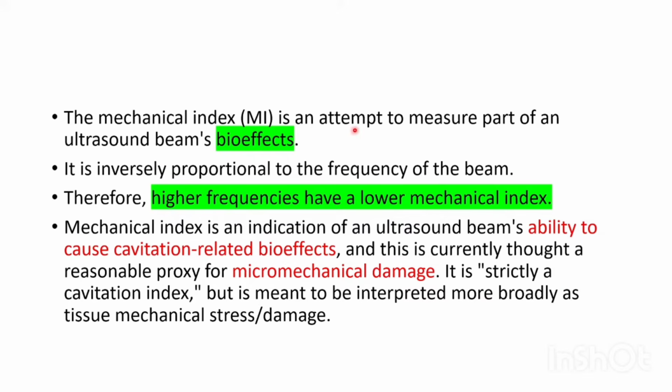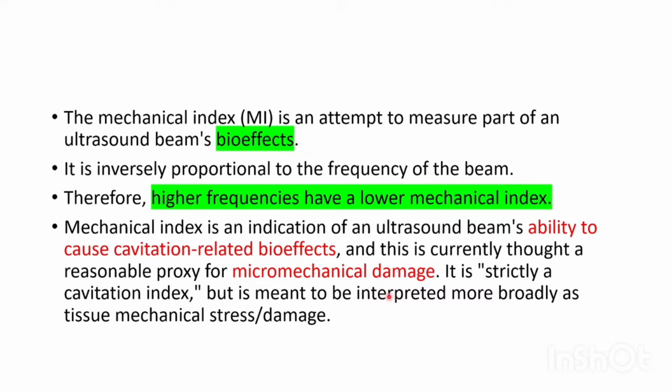So it is an attempt to measure part of an ultrasound beam's bioeffects, inversely proportional to the frequency. Higher frequencies will have a lower mechanical index, and it is an indication of an ultrasound beam's ability to cause cavitation related bioeffects, and is currently thought to be a reasonable proxy for micromechanical damage.